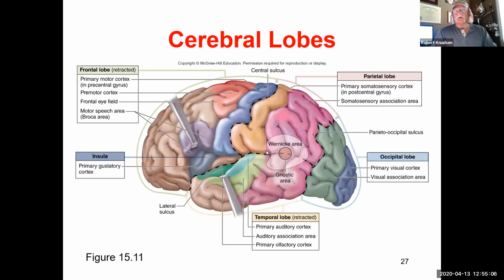This is the lateral sulcus. So the temporal lobe is separated by the lateral sulcus. And then the parietal lobe is between the central sulcus and the parietal occipital sulcus, which is named because of the two lobes, and the lateral. Good?